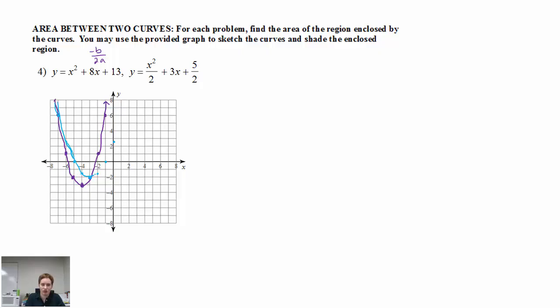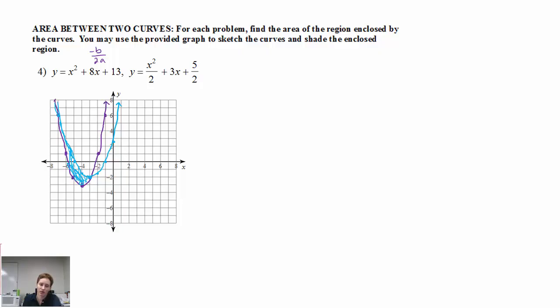If you're using your calculator, you can get there much faster and probably easier than if you're graphing it by hand. But what matters then is that inside of here is where we're shading, and depending on how well you draw your graph, you may accidentally make a mistake here.